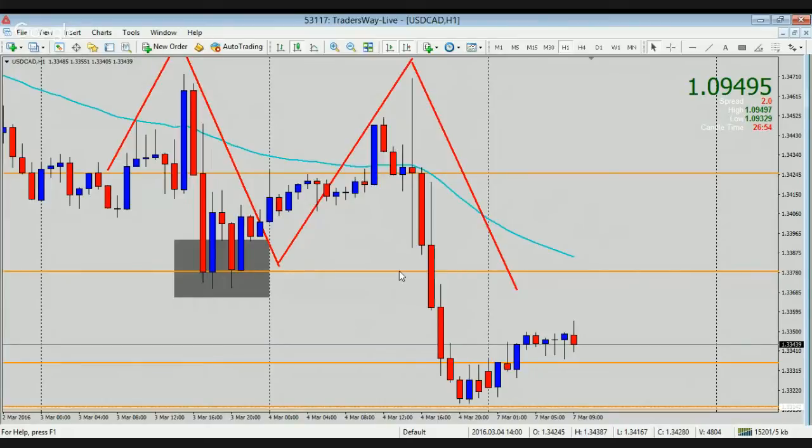That's only after it hits the first take profit. When that one trade is closed because it hit your first take profit, that's when you put your stop loss where you bought or sold right here.